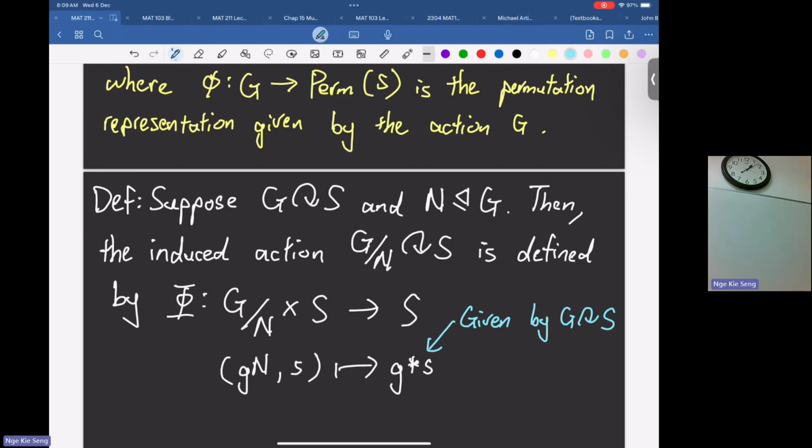So there's a problem here, right? This is a specific element, but there are a lot of elements in the coset. Imagine Z mod nZ. What are the elements that are equivalent to 0?